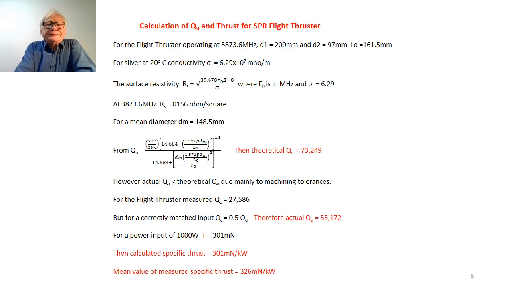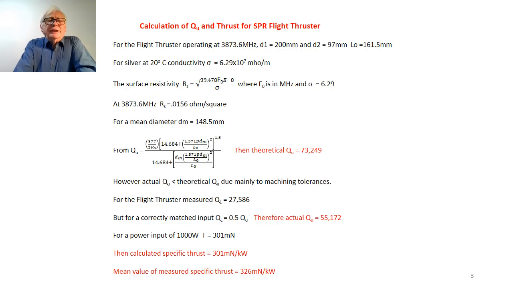73,249. However, we've said that there is a problem in approaching this theoretical Q_U, mainly due to the tolerances of the cavity itself, giving rise to different path lengths between the two end plates, which gives rise to a phase error across the wavefront and decreases the value of Q_U.